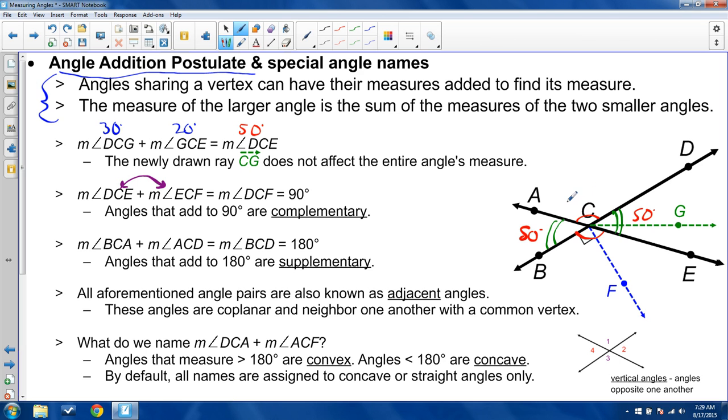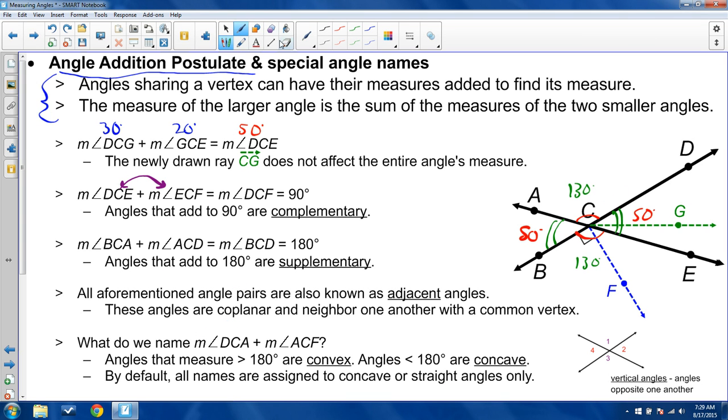If this entire thing is 180 degrees and this portion is 50 degrees, you can use that angle addition postulate and say 50 plus this one is 180. So 180 minus 50 is 130. And if this is 130, then this one here is also 130 degrees. And total, that should add to 360. You can add to confirm that.